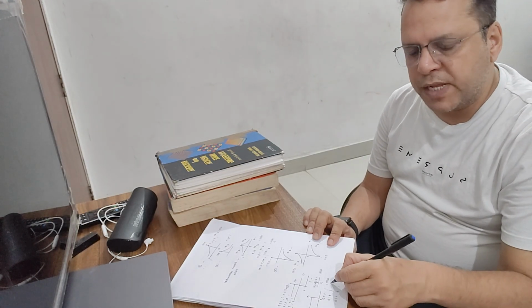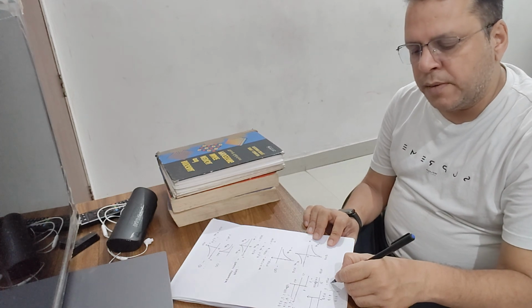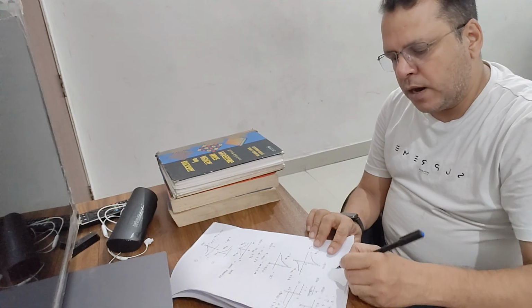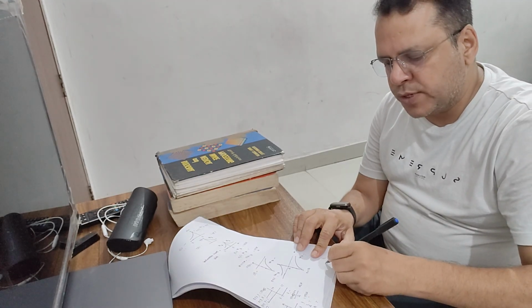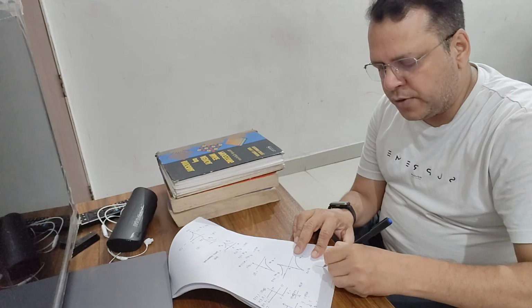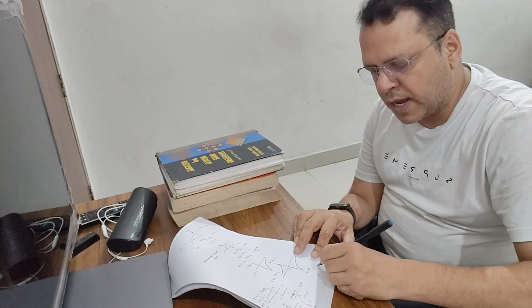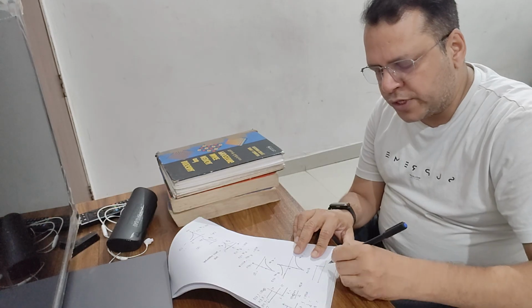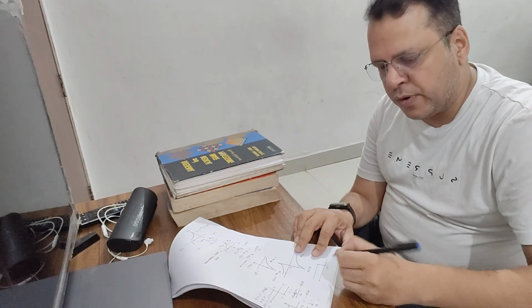Now you shift this pulse left side by tau by 2. So you get u of t, you shift this unit step left side by tau by 2. So this is minus tau by 2.